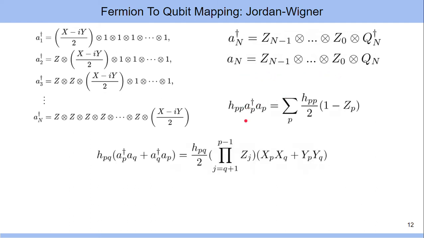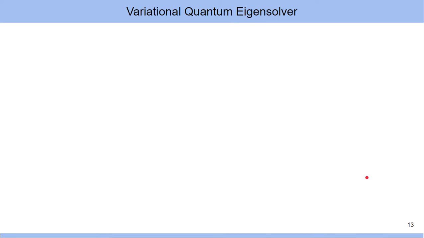Thus, some of the terms in the second quantized Hamiltonian can be written in terms of our qubit gates, and the total Hamiltonian itself can be written as a summation of all our Pauli gates. Hence, we can employ our electronic problem on a quantum computer using the Jordan-Wigner mapping.